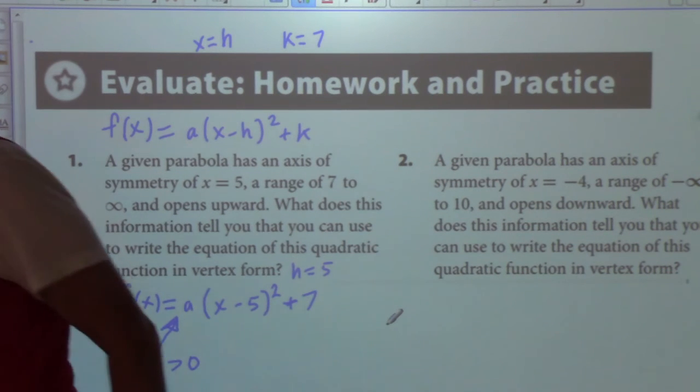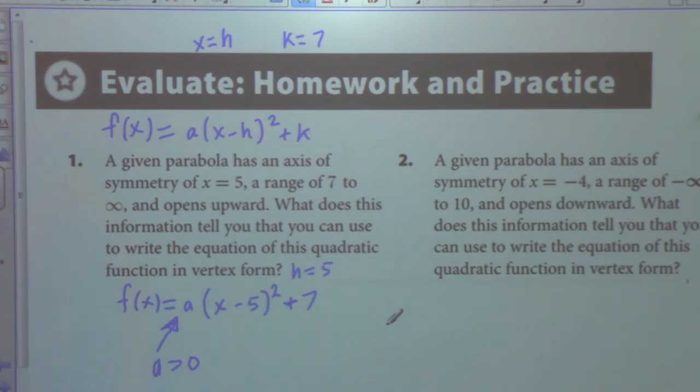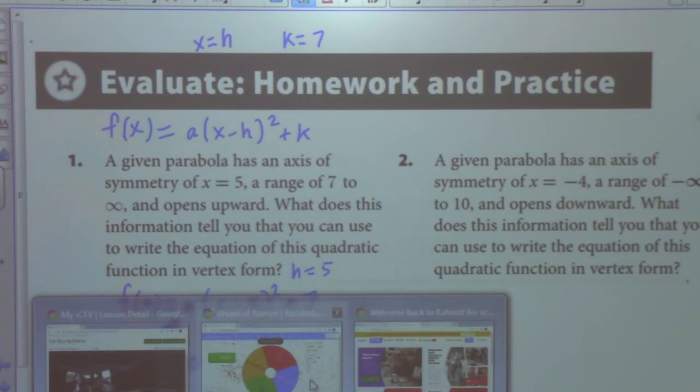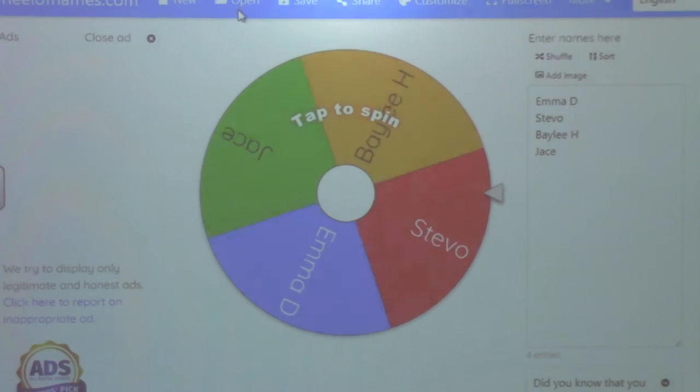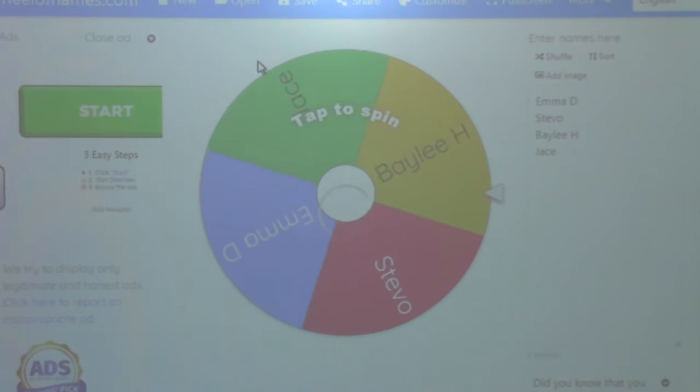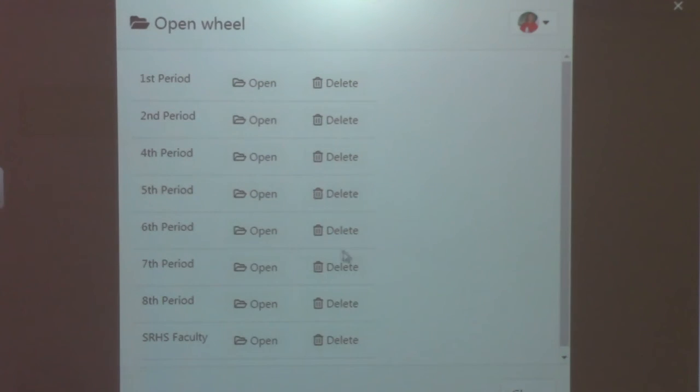Make sure I got Jay's. Okay, good job. All right, let's go ahead and spin the wheel on number 2. Let's go ahead and open. You only have 4 people in that class? No, we have more, but those are names that are chosen.